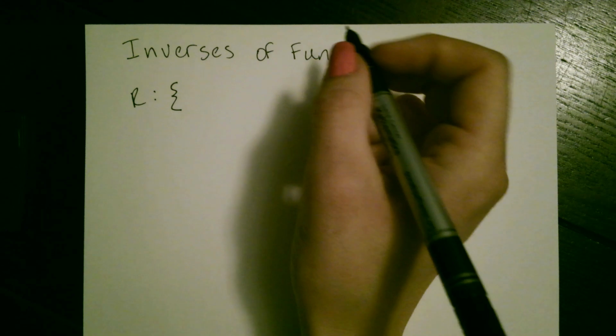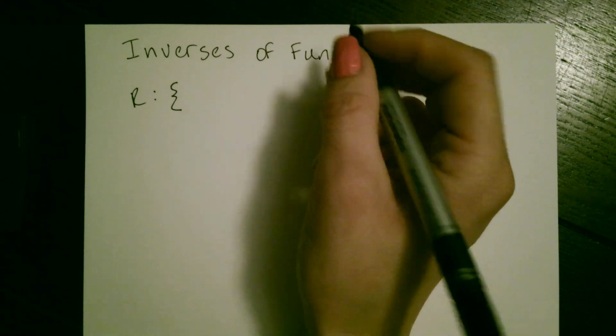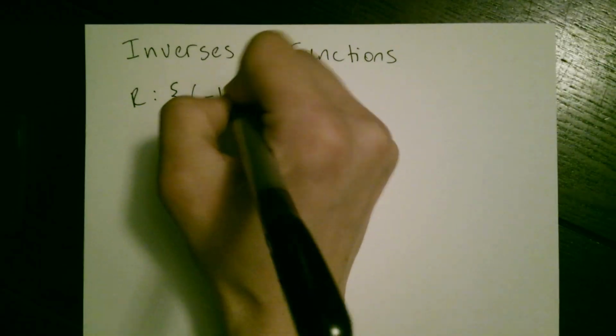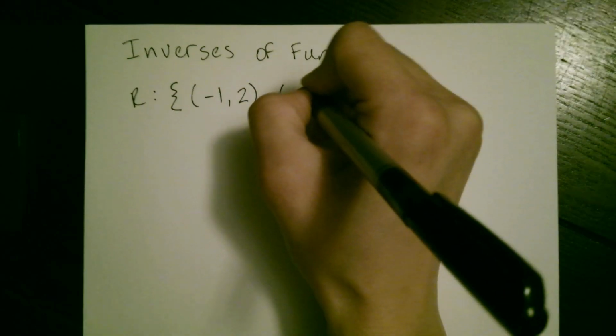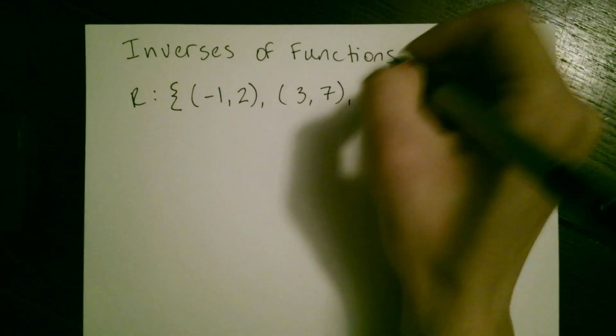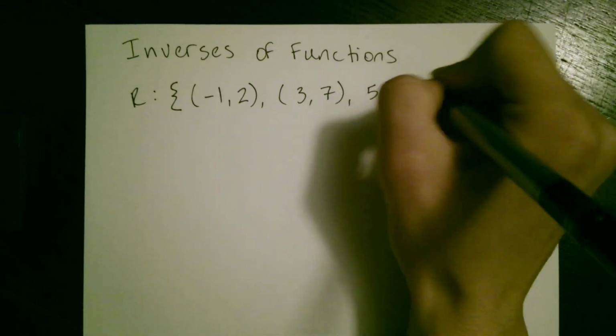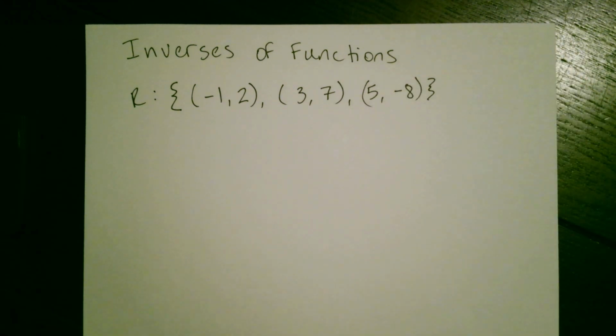Let's say we have a relation that's defined by a couple of points, a couple of coordinates. So let's say that -1 goes to 2, and 3 goes to 7, and 5 goes to -8.